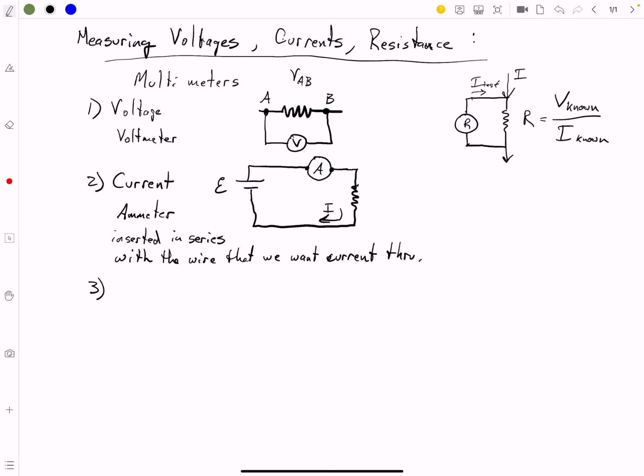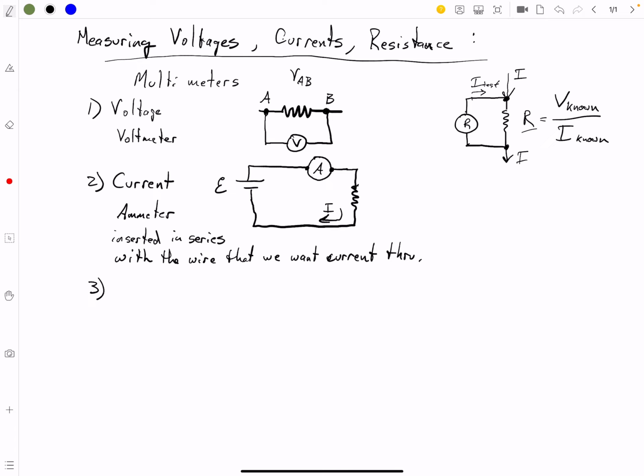You'll still get a pretty good reading, because of the junction rule and all that other stuff, because this will still be the current going away. So all you've done is added some current and subtracted some current out. You'll pretty much get a good reading, but don't mess around. Take it out of the circuit, measure your resistance, put it back in.